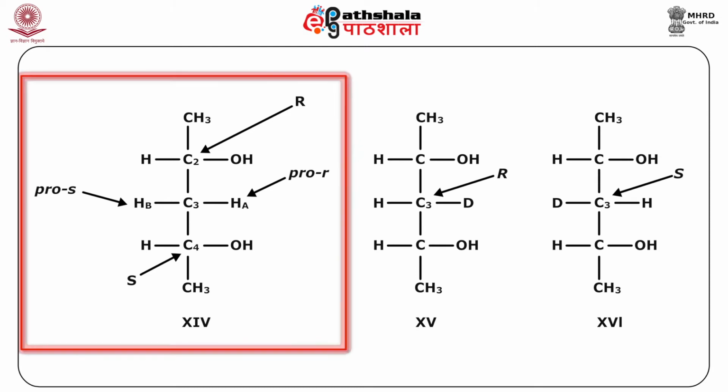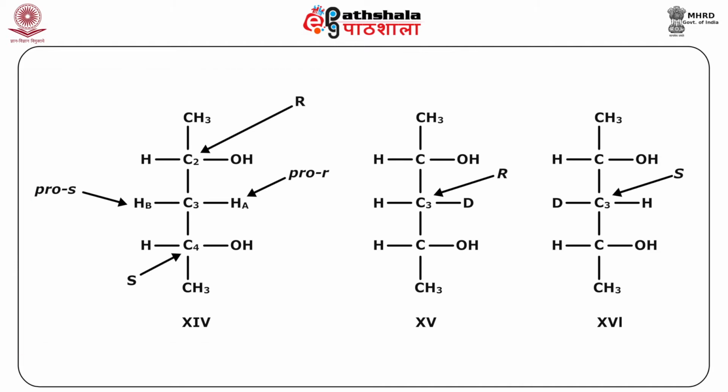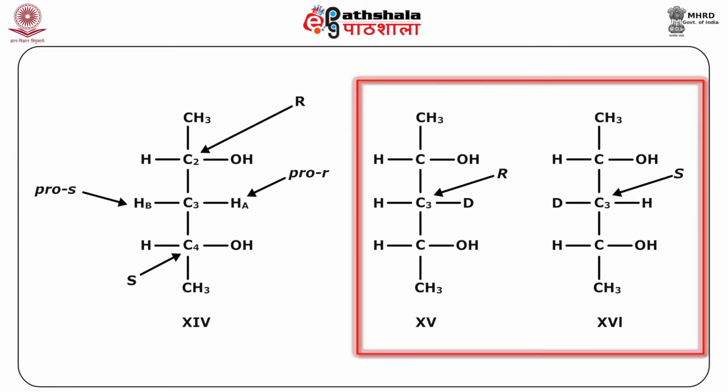They must therefore be diastereotopic, and indeed the substitution criterion, that is replacement of HA and HB by deuterium, gives two diastereomers represented by the structures 15 and 16, in which C3 is a pseudo asymmetric center with R and S configurations respectively.